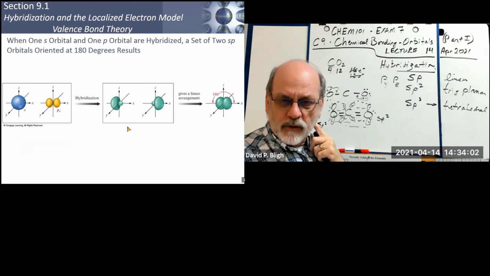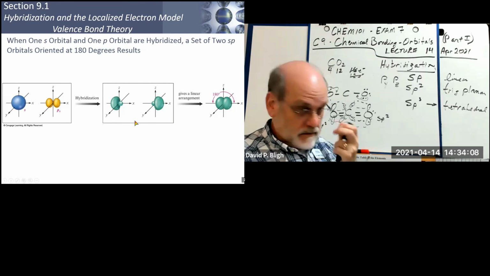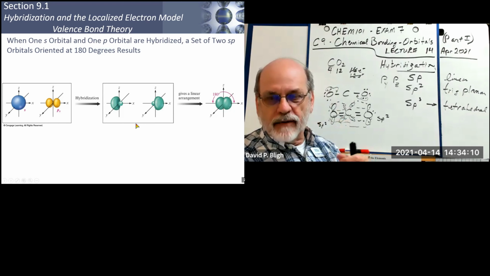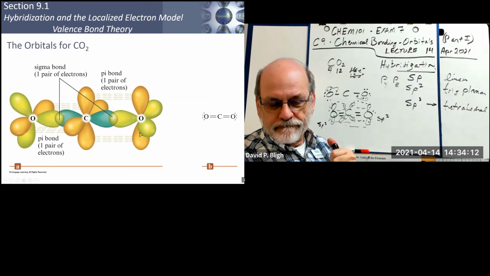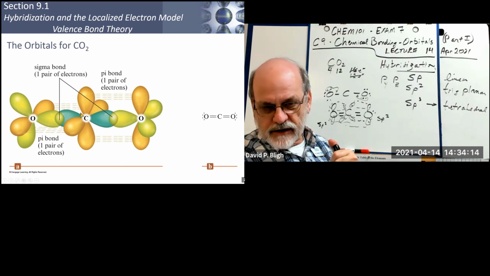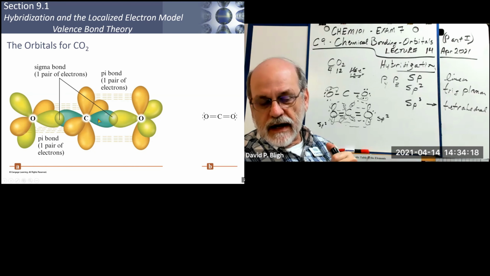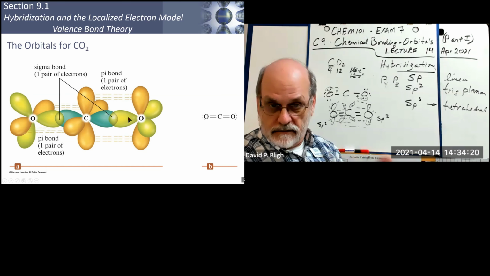So this is what the carbon would look like. It only has 2 equivalent orbitals. It only needs 2. Sp hybridized. So those are your sp hybridized orbitals there. And they interact with oxygen.